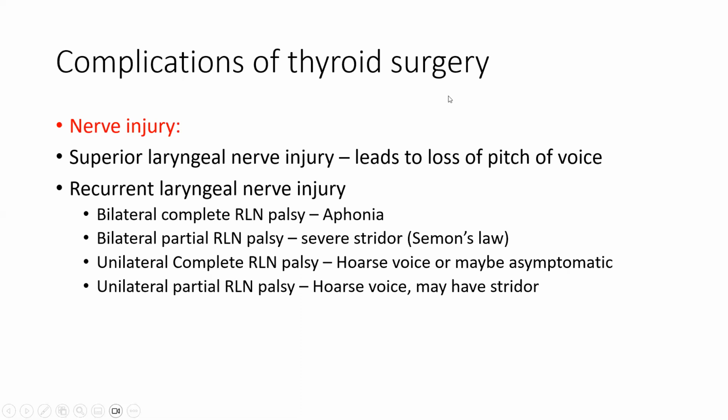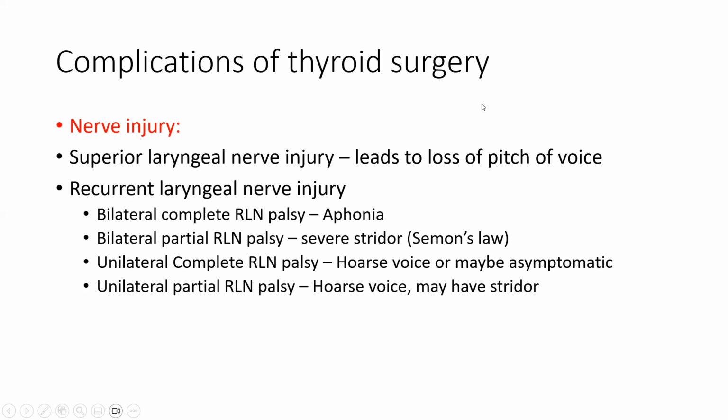Then we come to complications of thyroid surgery. These are also commonly asked. One is nerve injury. That can be injury to the superior laryngeal nerve, which can lead to loss of pitch of voice. The patient can have a dull voice. When you're taking consent for thyroidectomies, you need to stress on these.